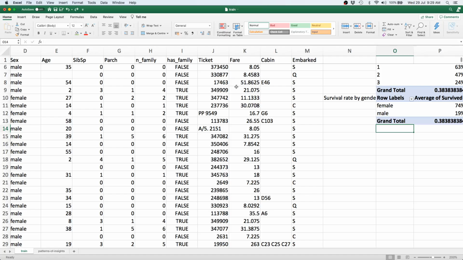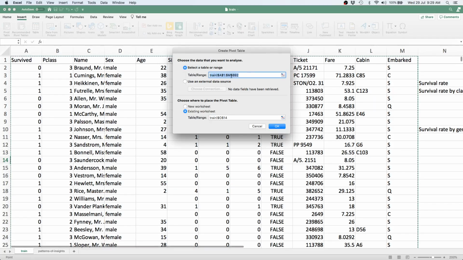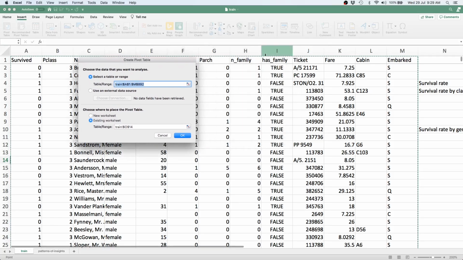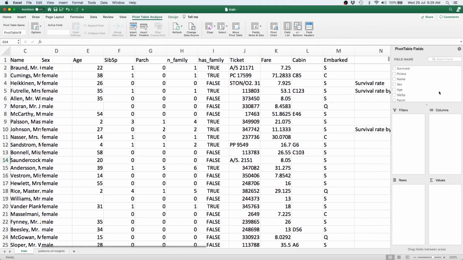Now let's see why it did not create the pivot table correctly for us. Remember that we need the I column over here. When we click on the pivot table, you see that it's actually picking up the family column itself.